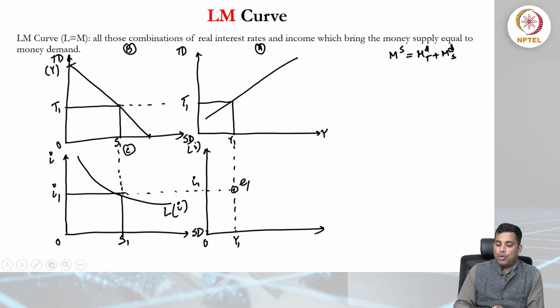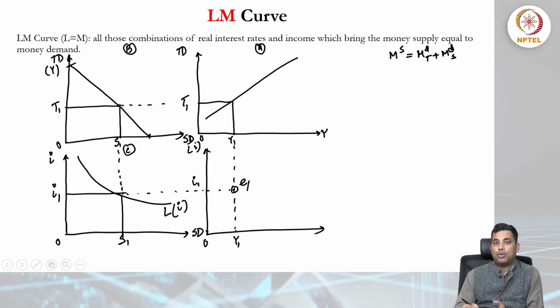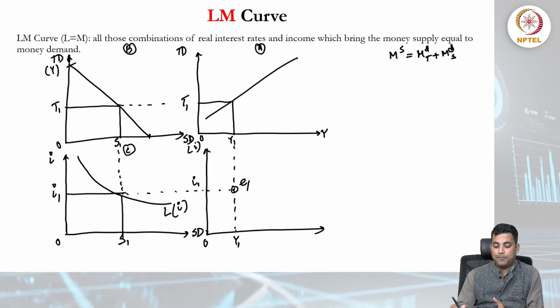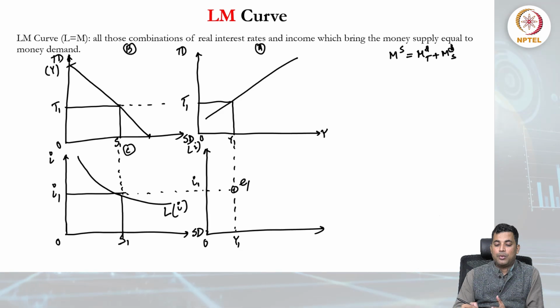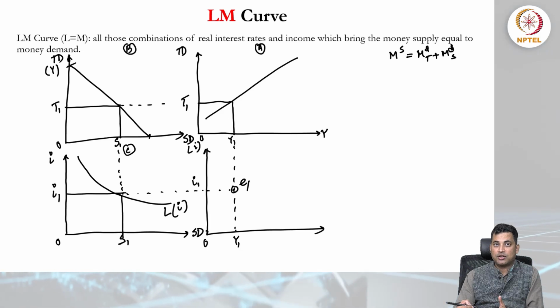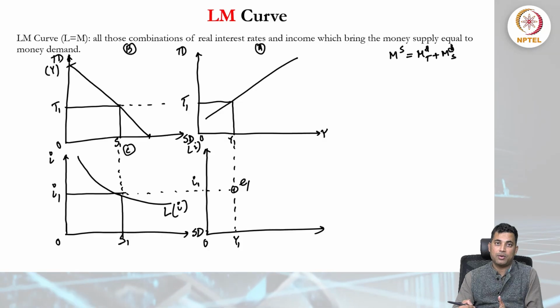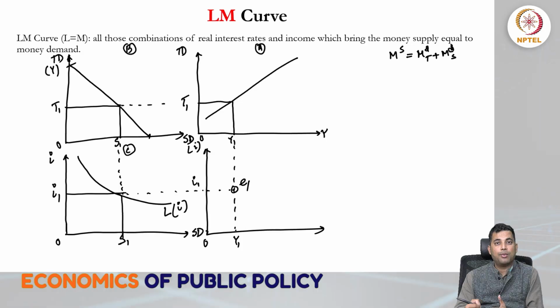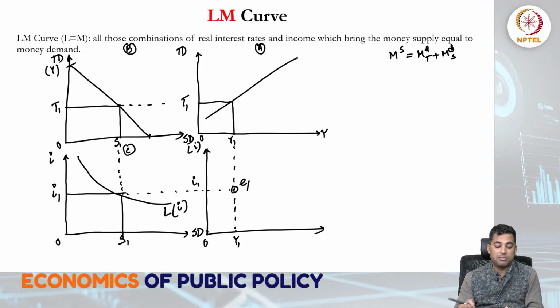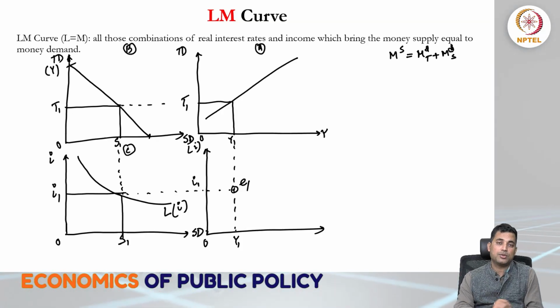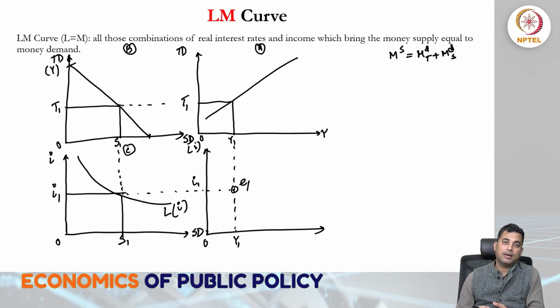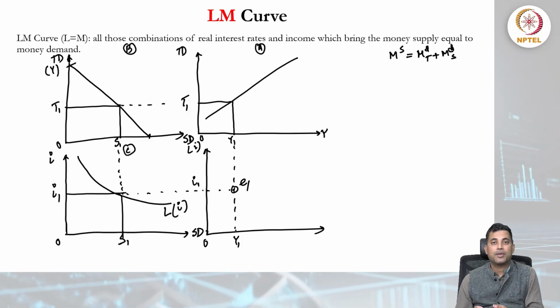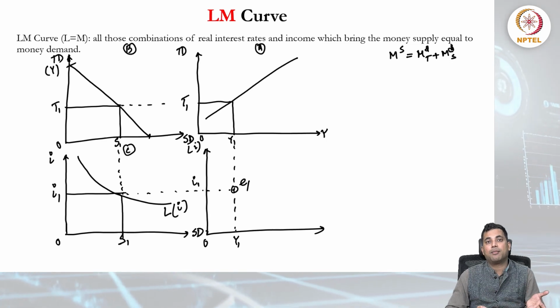With OY1 amount of income, we can transact for goods and services OT1 amount, and with the remaining we have OS1 amount of money for speculative purposes, which we are using in the money market at the rate of OI1 rate of interest.